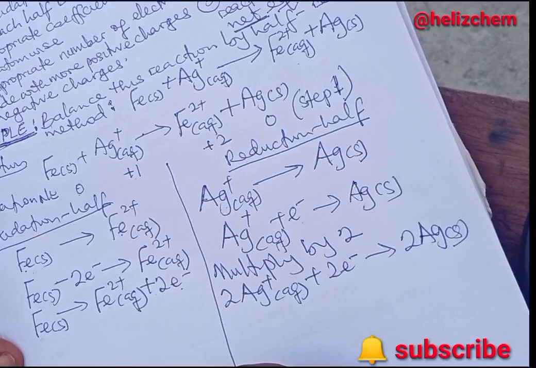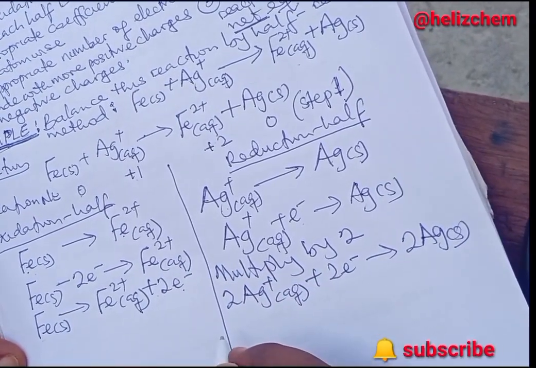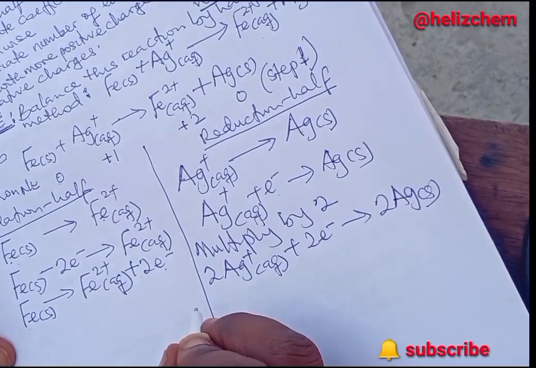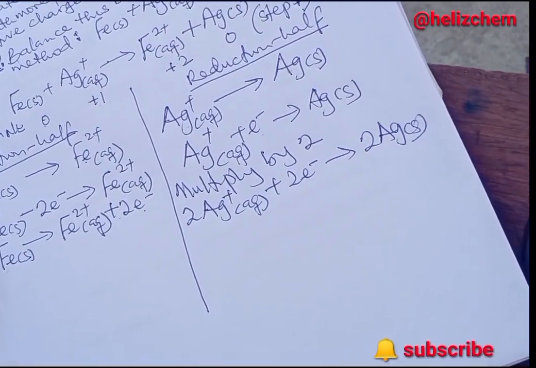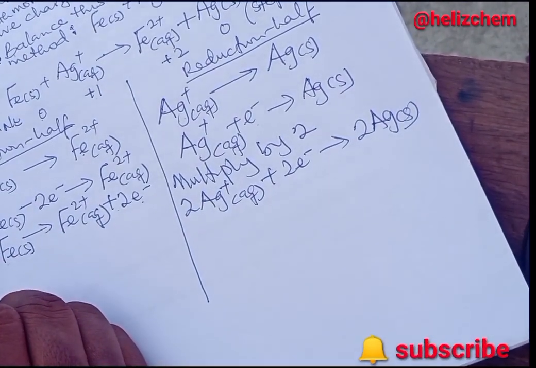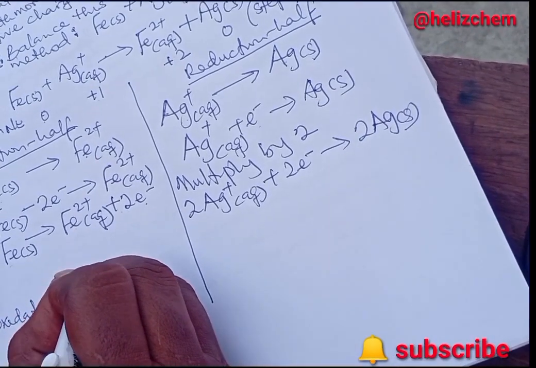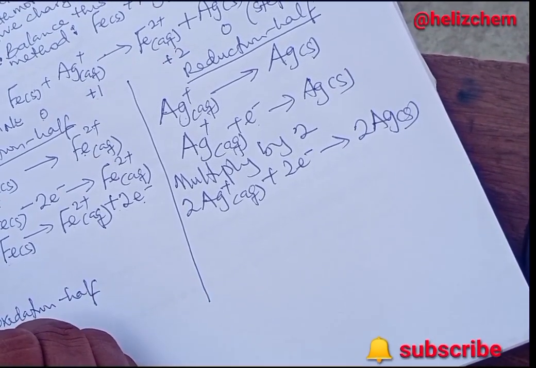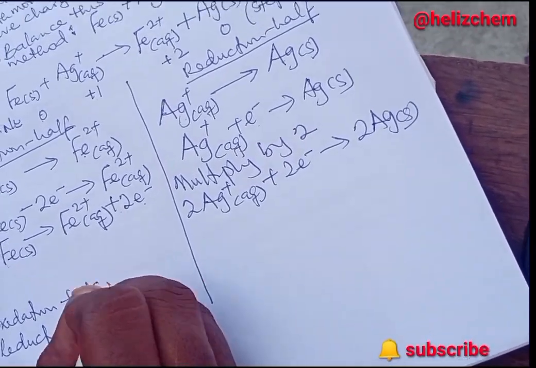Then the last step now says add the 2 half equations together to obtain our net reaction. So let us add it together. This is oxidation half, reduction half. We want to add them together now.